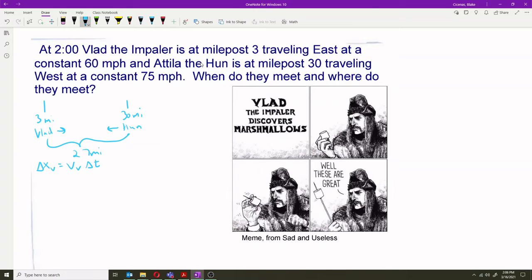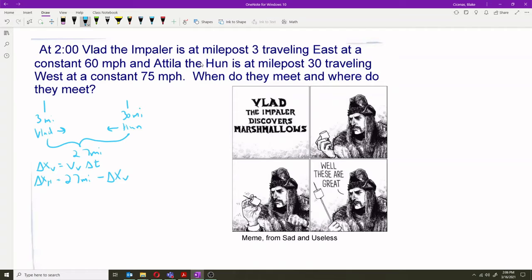Well, if Vlad goes, I don't know, 5 miles, then Attila's going to go 27 minus 5. So what I can say is that the delta x for the Hun, I'll put h, must be equal to 27 miles minus whatever Vlad did, so delta xv.